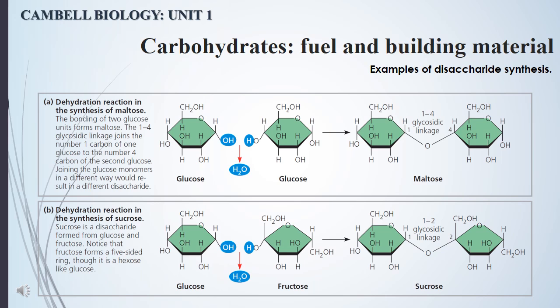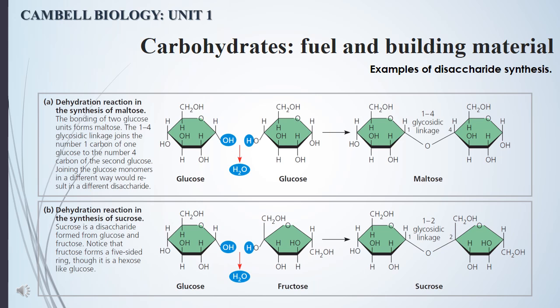So as we have previously noted, a monosaccharide that is not immediately used can be stored in a disaccharide form. So, how is a disaccharide synthesized? For example, in image A, you can see a dehydration reaction in the synthesis of maltose.